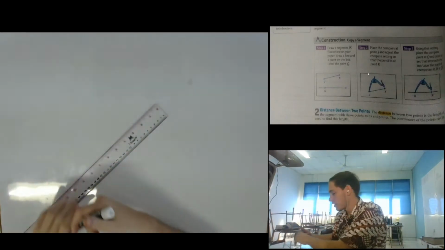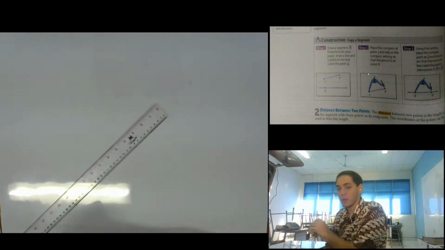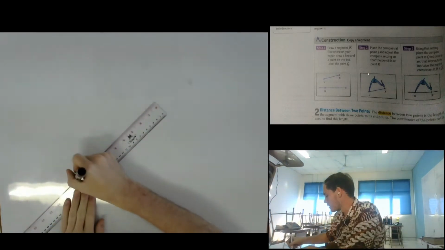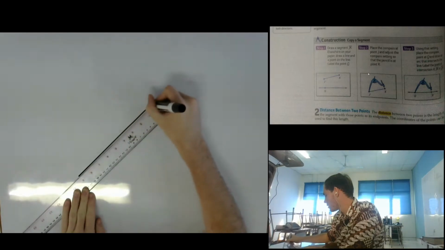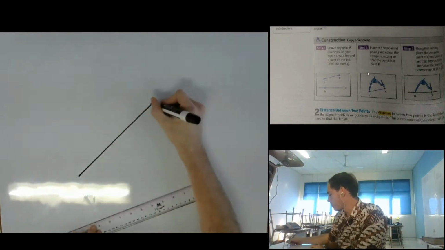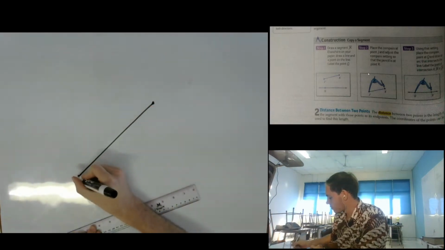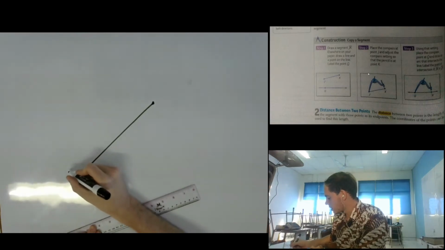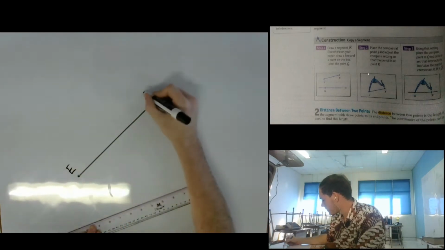I know you might look at the numbers and tell me how long something is. So I'm going to make a length, and let's call this EF.